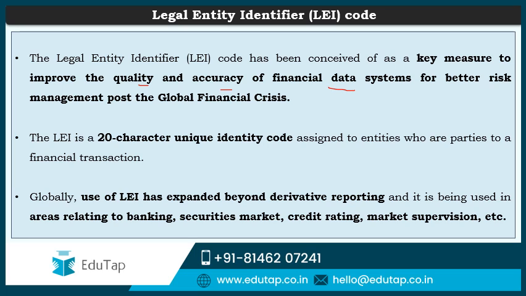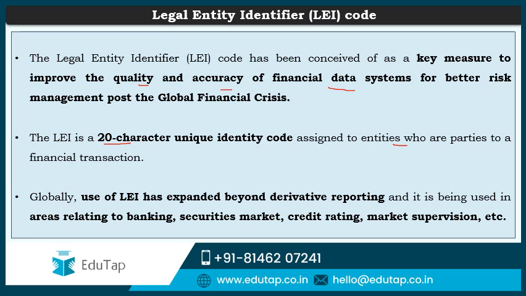You can understand it as a code allotted to different financial entities so that we can track them across the globe. Any transaction done by them across the globe can be traced through this code. This is a 20 character unique identity code assigned to entities who are parties to a financial transaction.